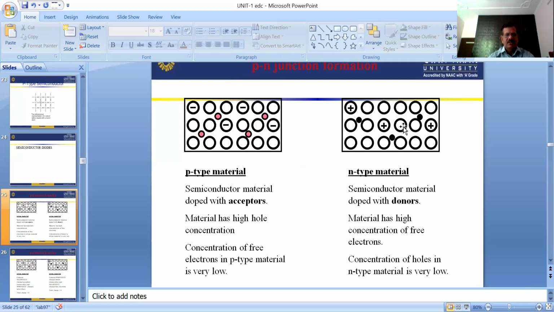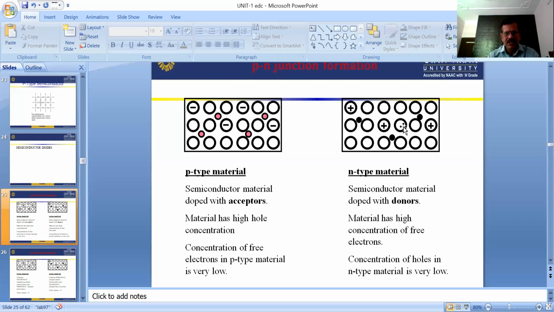In p-type material the number of holes is greater than the number of electrons, so holes are the majority charge carriers and electrons are the minority charge carriers. In n-type material the number of electrons is greater than the number of holes, so electrons are the majority charge carriers and holes are the minority charge carriers.